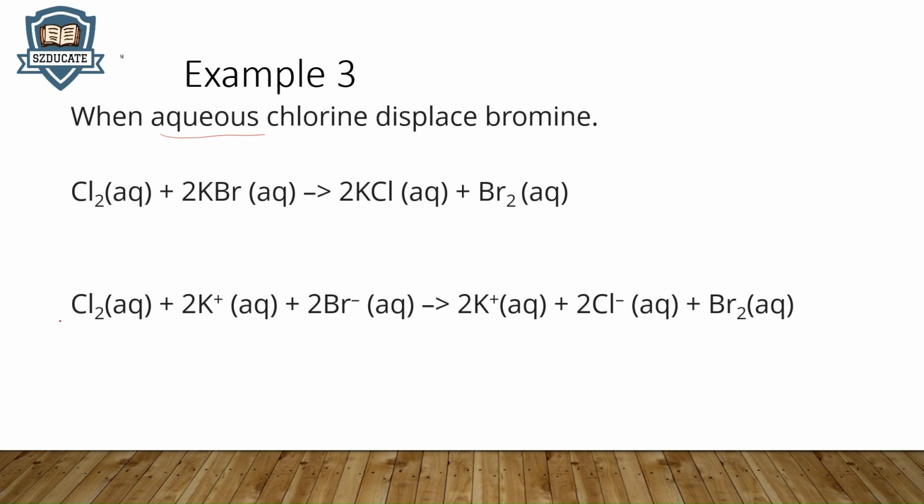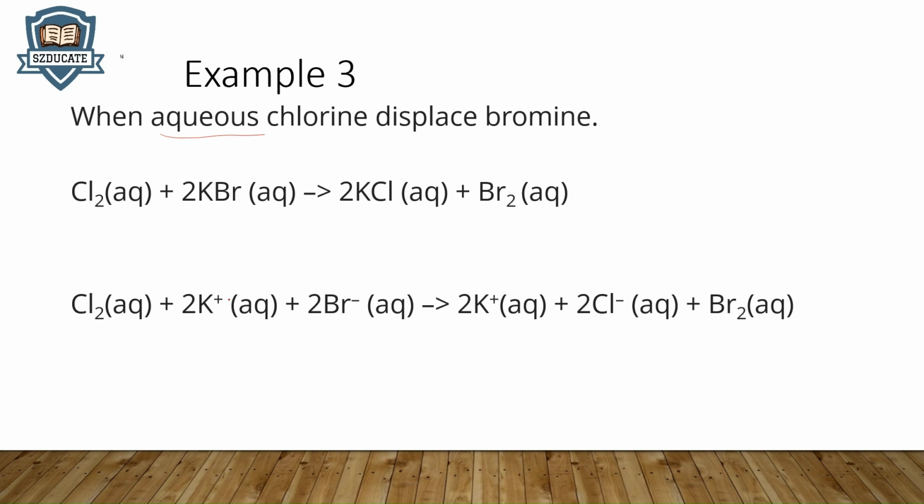So that's why you see I don't split it, it remains. But potassium bromide solution, potassium bromide is an ionic compound, so we have to split it. So 2K+ (aq), 2Br- (aq), and then same thing for potassium chloride. And bromine, we keep it, we don't split.